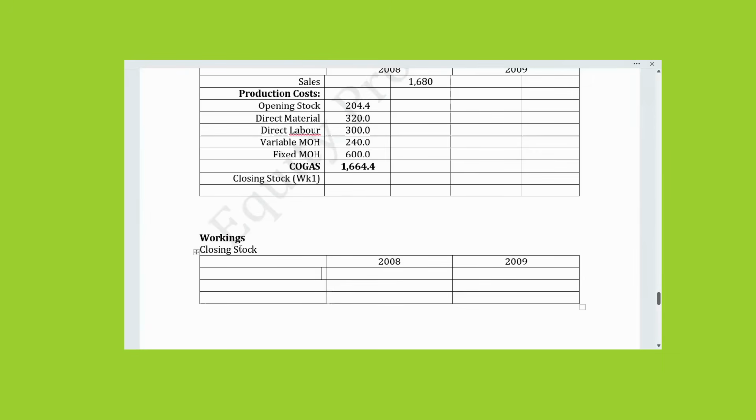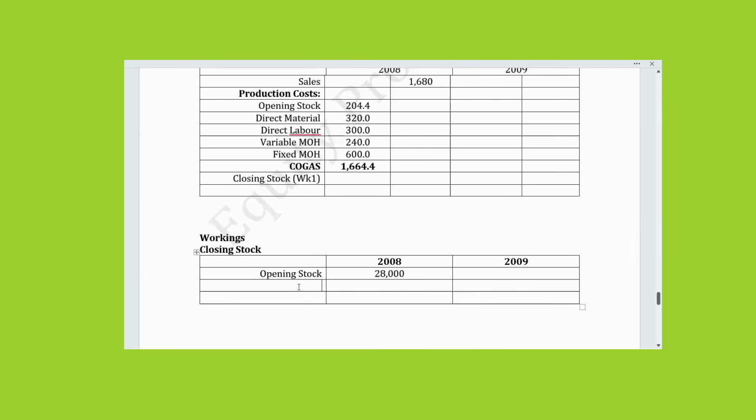So the first item when you are calculating your closing stock will be opening stock. So I will then come here, opening stock. I gave you the format last time. In 2008, we have opening stock of 28,000 units.